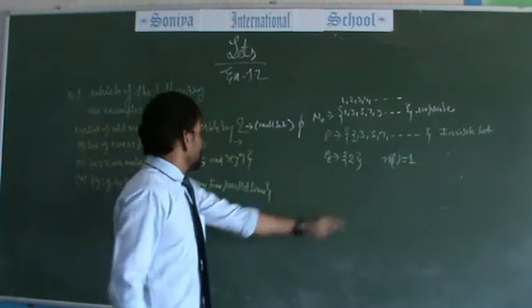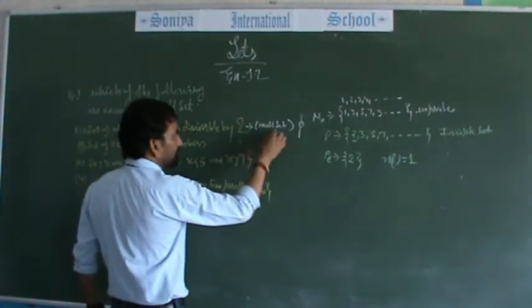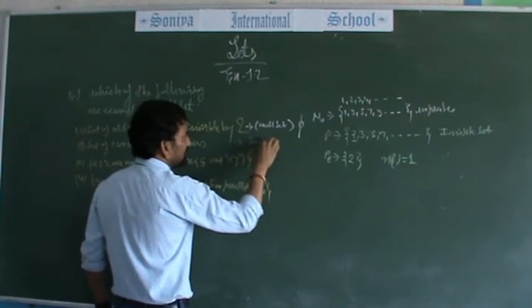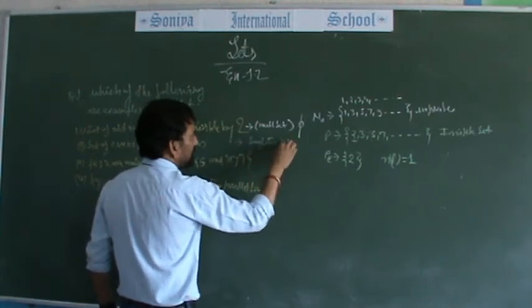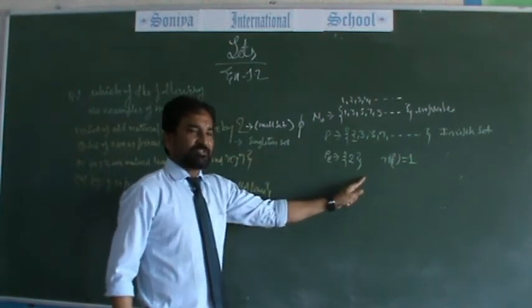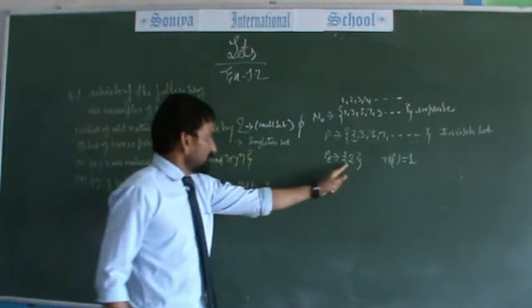Since it has one element, the set of even prime numbers is not an example of null set. This is a singleton set, whose element is 2.